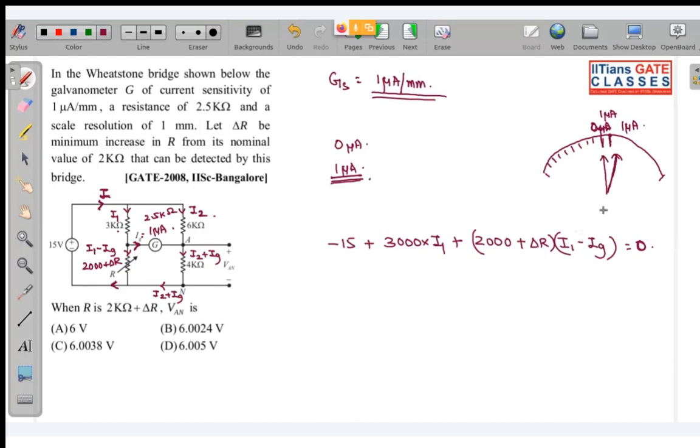Where are we getting stuck? Somewhere if I can substitute something. I have been asked to find this value of VAN.